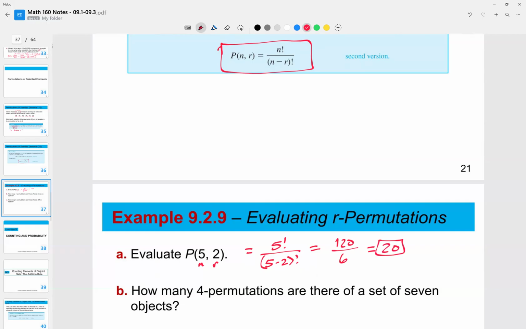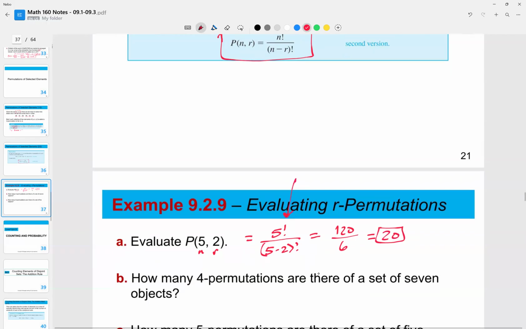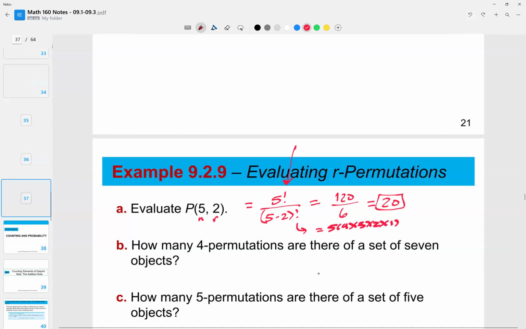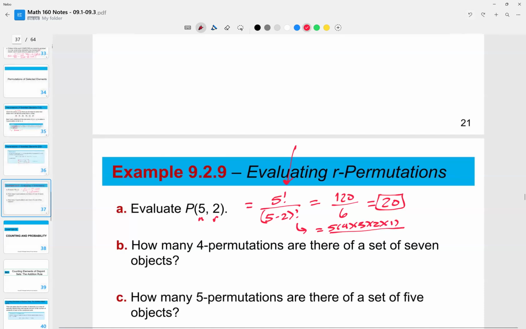You can use your calculator to do factorial, or you can write it all out if you're not sure why that is. 5 factorial is 5 times 4 times 3 times 2 times 1. 5 minus 2 is 3, and 3 factorial is 3 times 2 times 1.